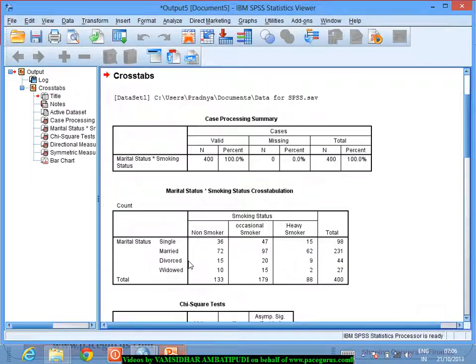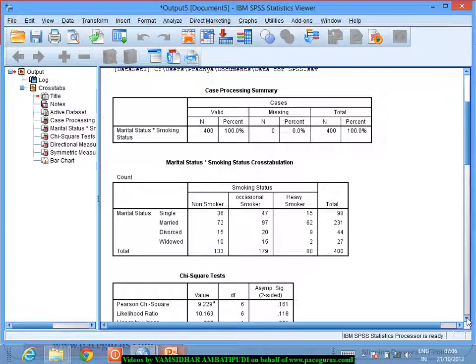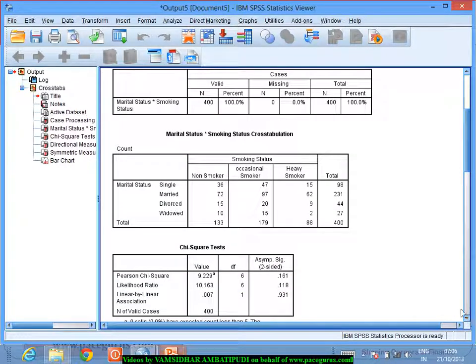So this is what will take us into the crosstab analysis. All right, so this is the crosstab analysis that gets generated. On a broad scale, you could see that there are 400 records between the marital status and the smoking status, meaning all 400 records are present. So zero missing records, the case processing summary. But the most important thing that you need to look at is initially the tabulation.